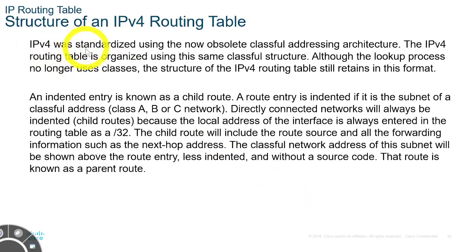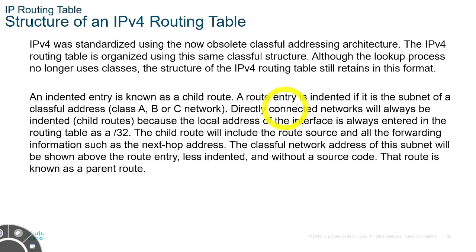So IP version 4 was standardized using the now obsolete classful addressing. In classful, for the classes A, B, C, we can't borrow bits. We only use /8, /16, /24. Okay, so the IP version 4 routing table is organized using this same classful structure, because there are some networks that still use classful addressing.